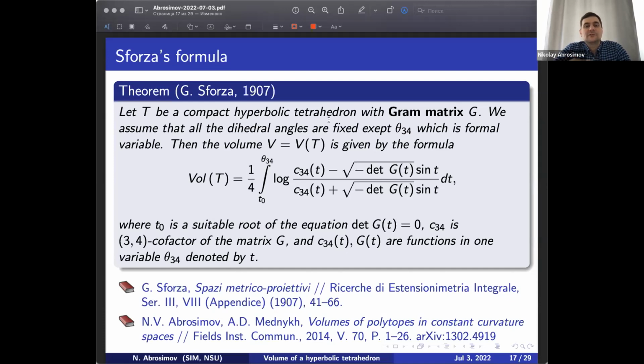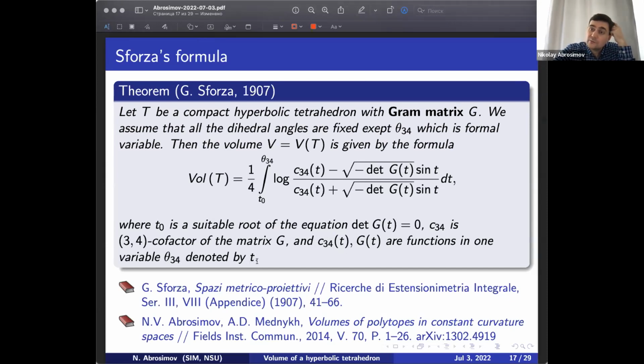Then the volume is given by this formula, and again here C34 is a 3,4 cofactor of the Gram matrix G, and we consider C34 and G itself as a function in one variable theta 3,4 denoted by T. T is a variable of integration.